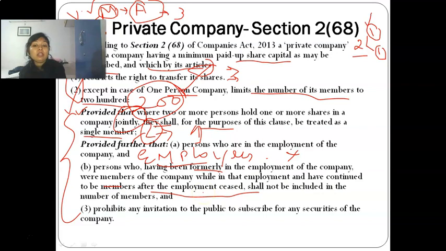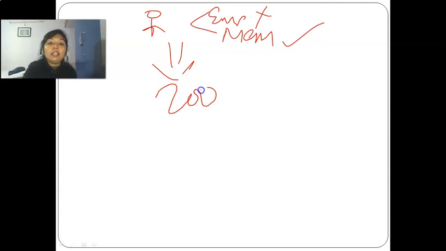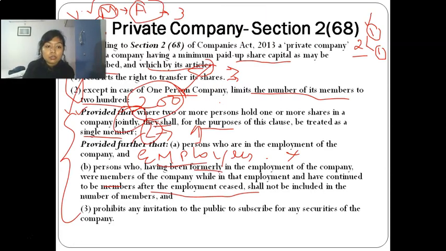What does it mean? Mr. X was an employee and a member of the company, and today he is not an employee but is still a member of the company. Still, he will not be counted in this 200 calculation. So this is only written here.